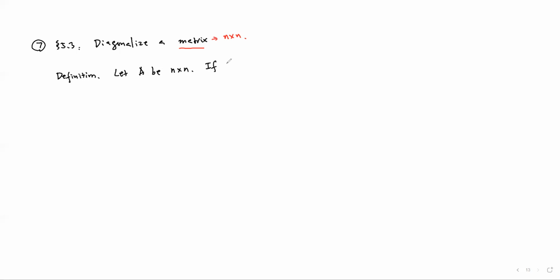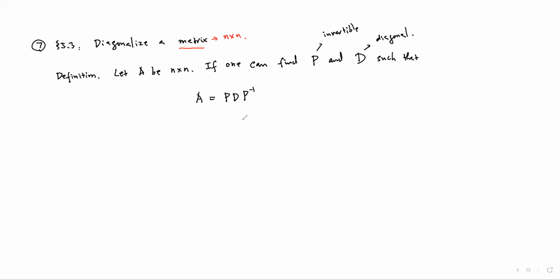If you can find a matrix P, which is invertible, has an inverse, and a diagonal matrix D, such that A is P times D times P inverse, then A is called diagonalizable.